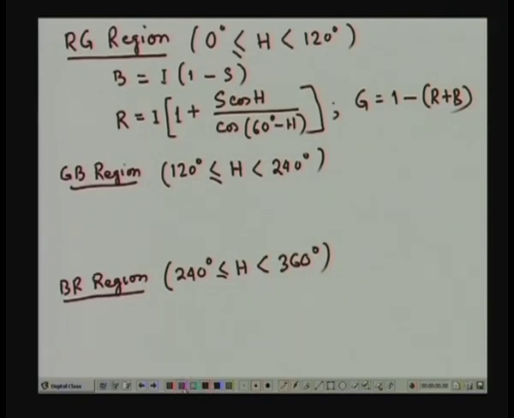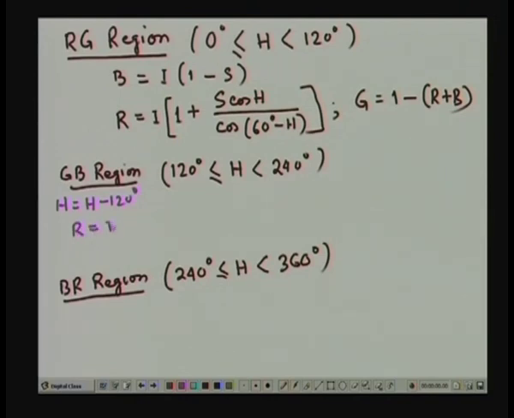Similarly, in the GB region, the first operation that we have to do is we have to modify H. So, we have to make H equal to H minus 120 degree. And once we do this, we get the R, G and B components like this.